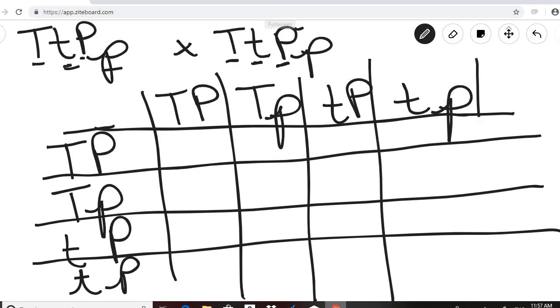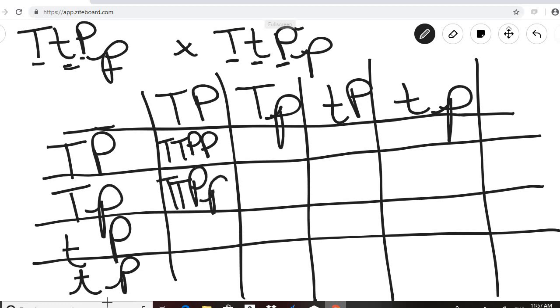Okay, and then what do we do? Then we just match up. So this would be uppercase T's and both uppercase P's. This would be two uppercase, and this would be that and that. This would be uppercase, lowercase, uppercase, uppercase, and this would be that, that, that, and that. Okay, so I'm going to go ahead and finish filling this out.